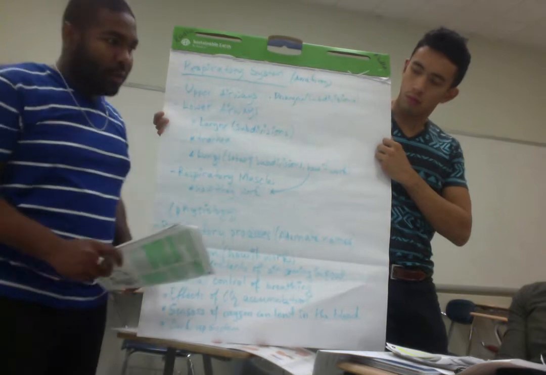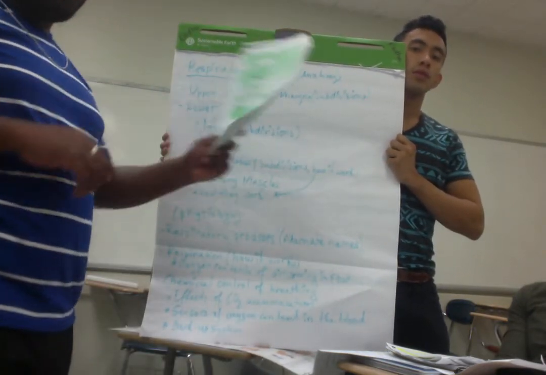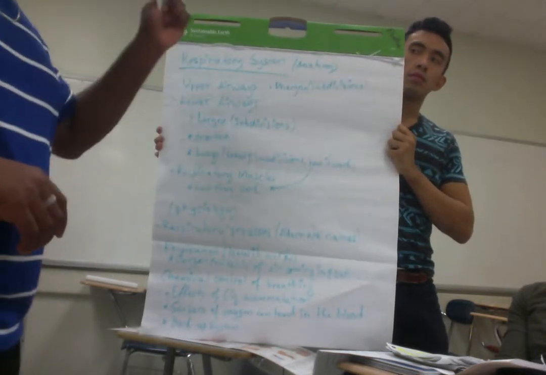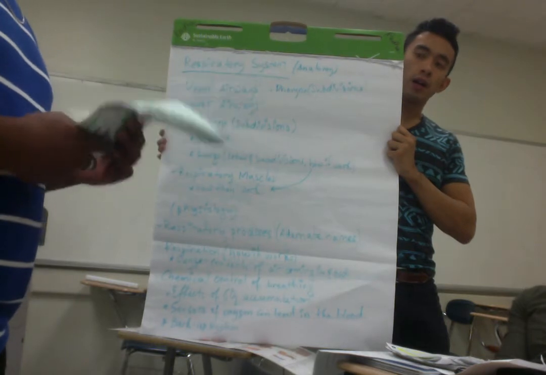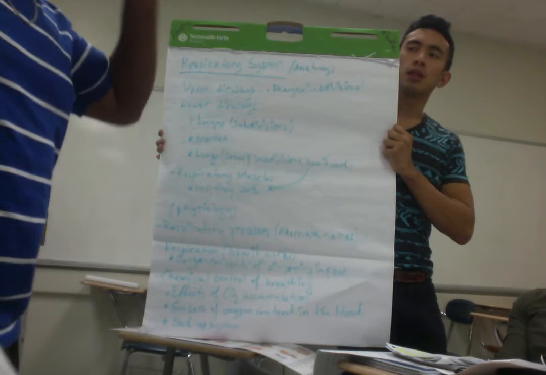You inhale 21% oxygen, and the rest is nitrogen. So the first question to be asked: what is the purpose of the respiratory system? To provide oxygen to the body and to eliminate carbon dioxide.